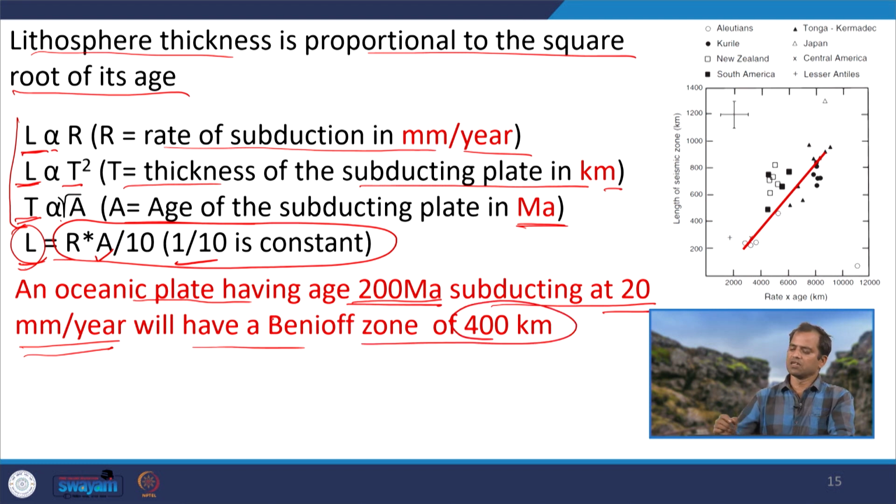Here you see different Benioff zones calculated at different trench sites, and they fall on this graph. So we have a relationship between the length of the Benioff zone, the rate of subduction and the age of the oceanic lithosphere.